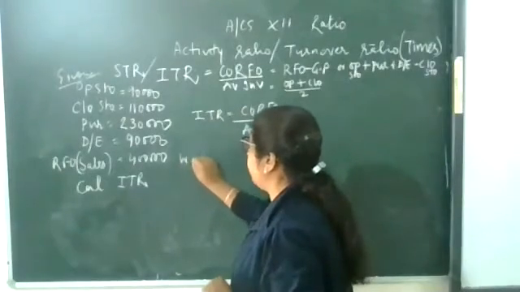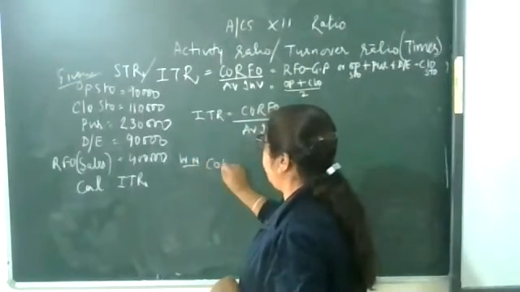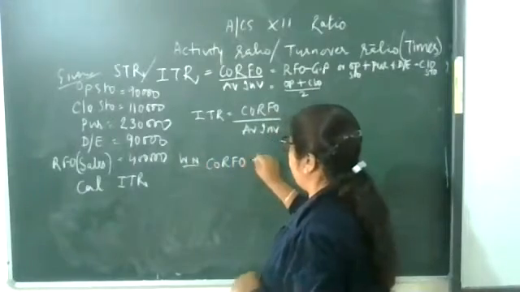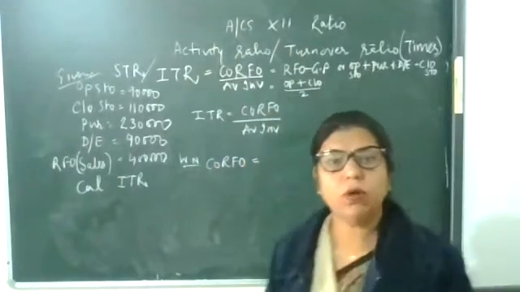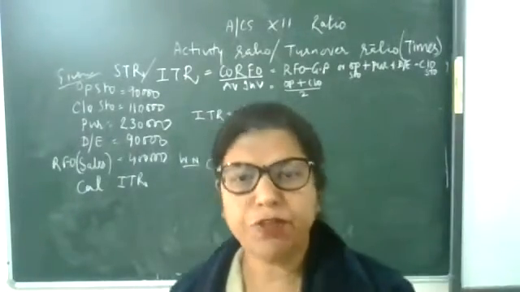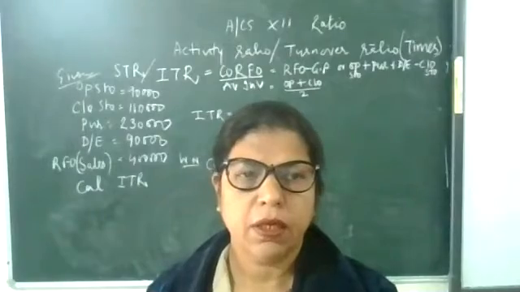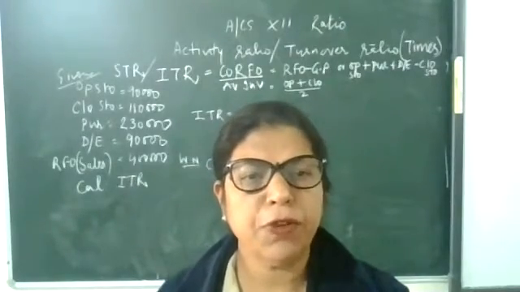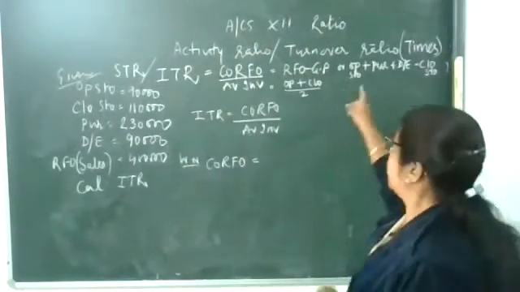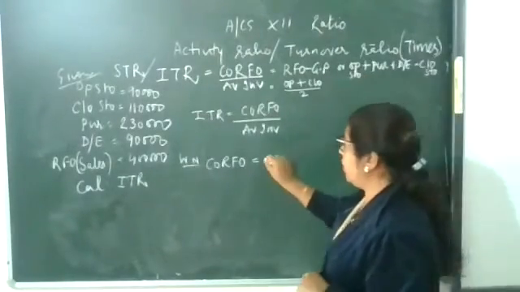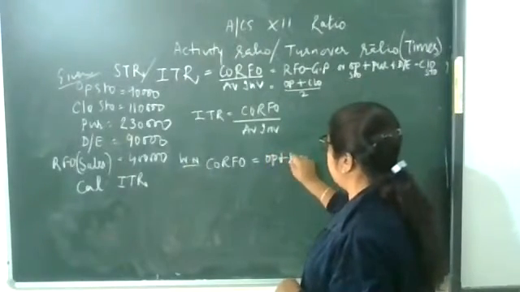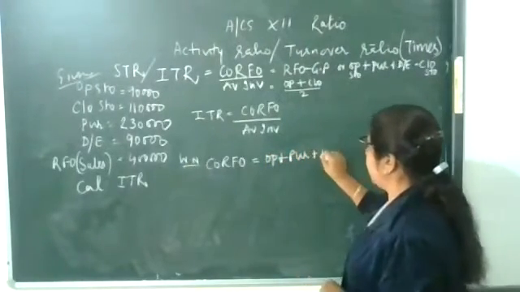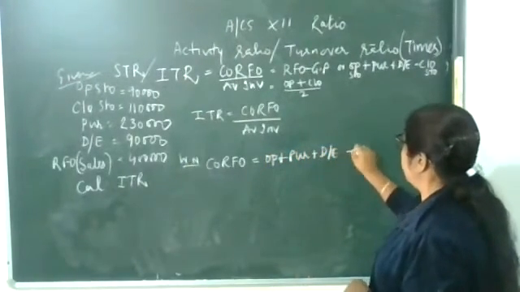We have to write a working note, CORFO. Now what to do? Write the formula again. What formula can we use? This one: opening stock plus purchase plus direct expense minus closing.